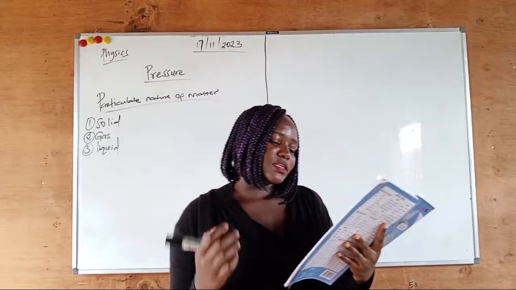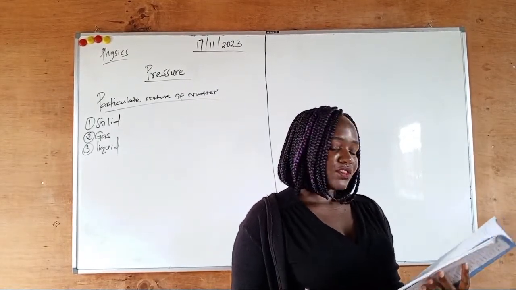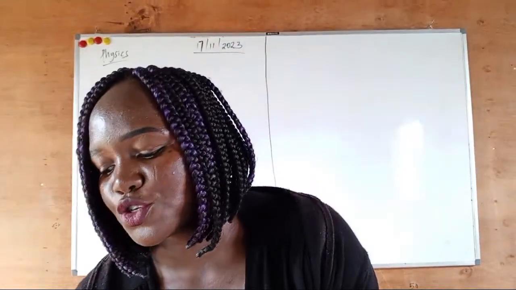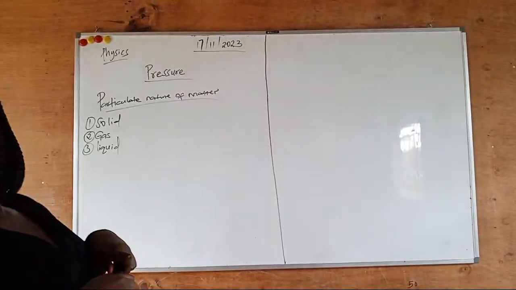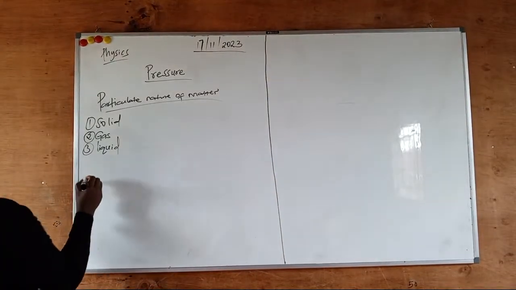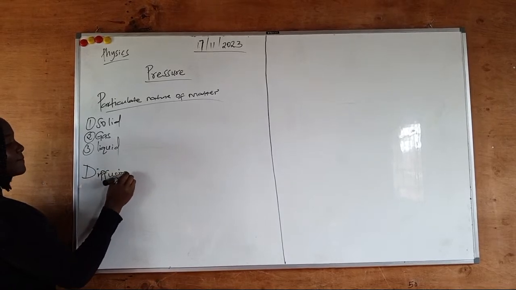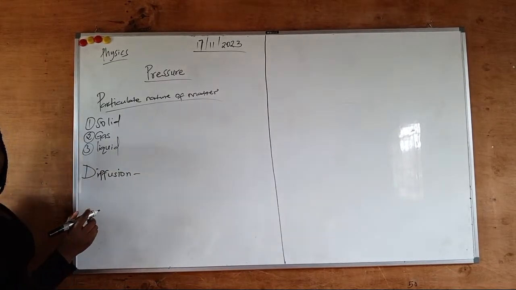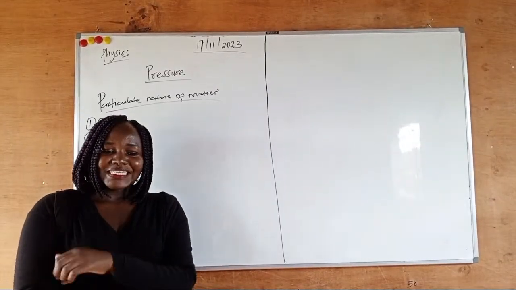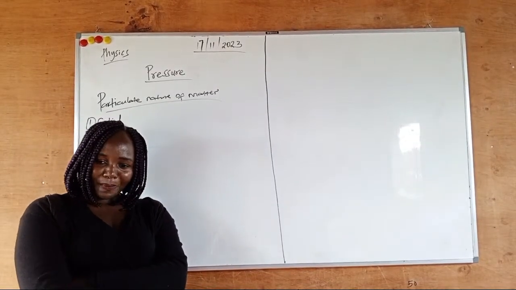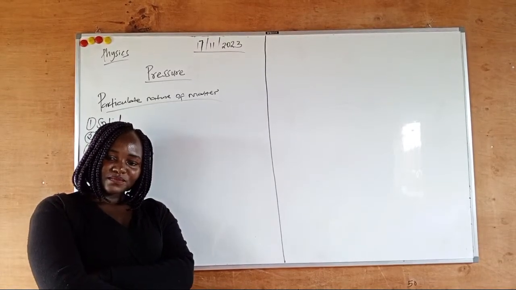So these particles move from one region to the other through a process known as diffusion. Do you remember what diffusion is? Diffusion is the movement of molecules from a region of high concentration to a region of low concentration.